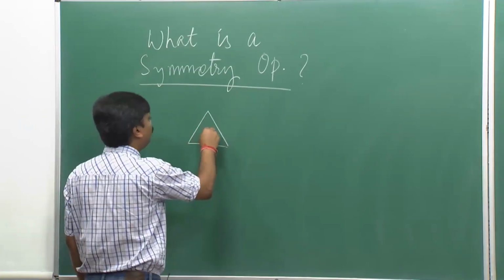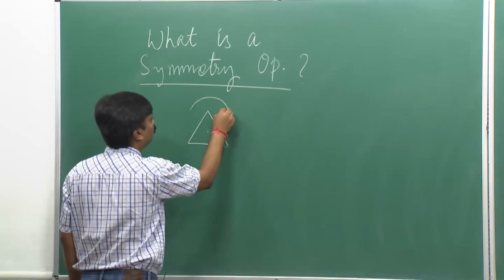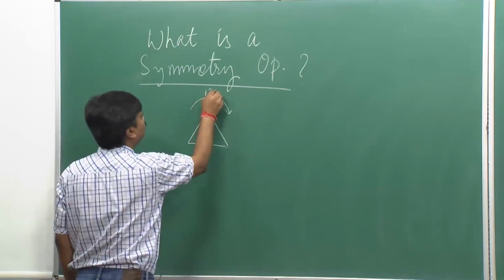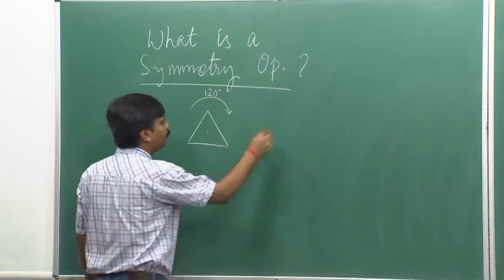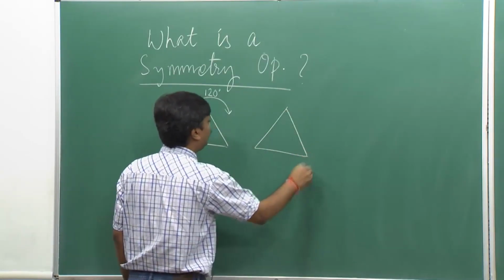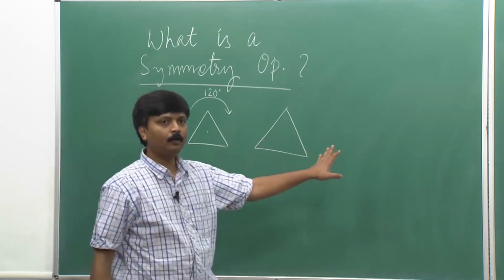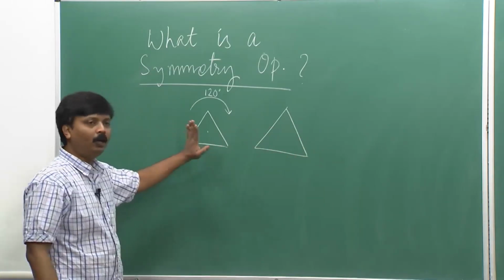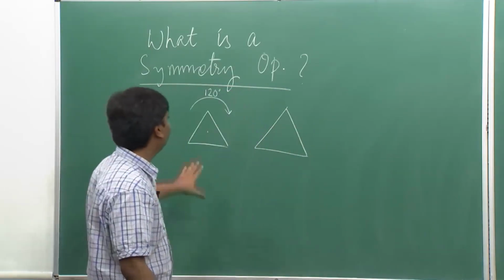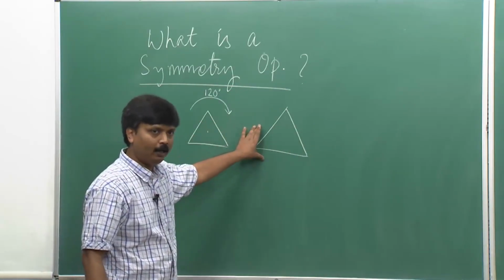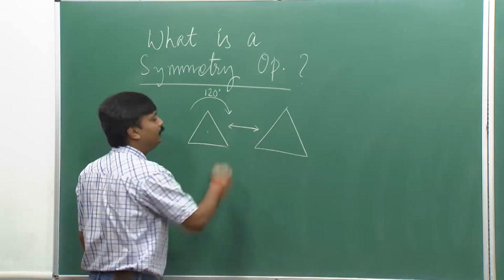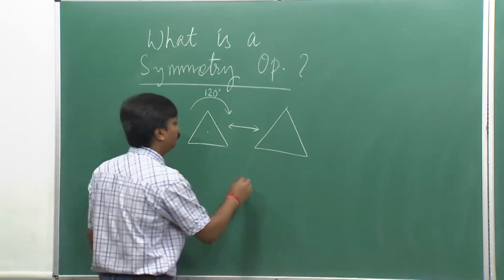If I give a rotation about this by 120 degrees, just like we showed earlier, I get another equilateral triangle, and these two are indistinguishable. Do not go by my drawing, which gives a different size; assume these two are equilateral triangles of the same size.